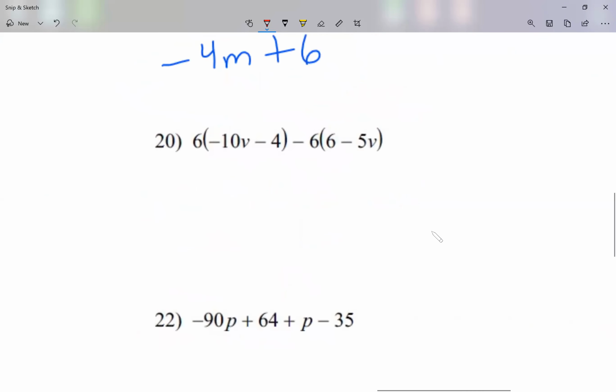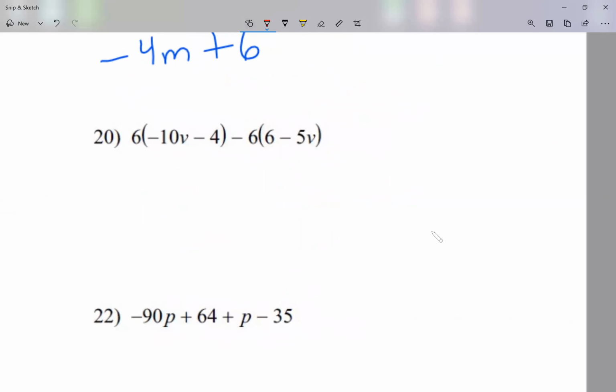All right, let's take a look at number 20. Let me multiply the 6 to the numbers on the inside of my first parentheses. It's going to give me negative 60v minus 24. On the second parentheses, let me multiply the negative 6 to the inside.